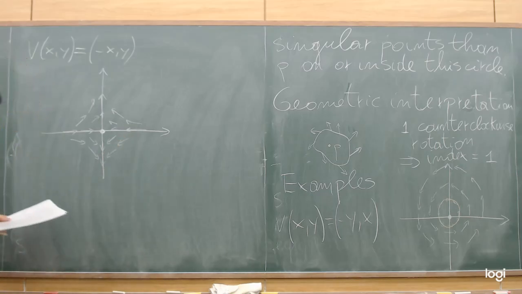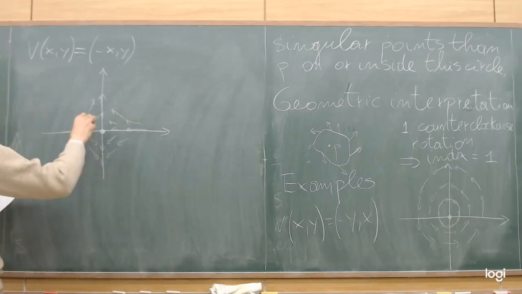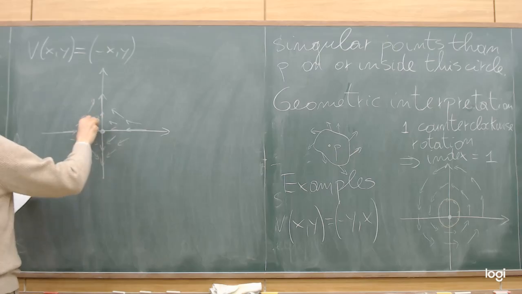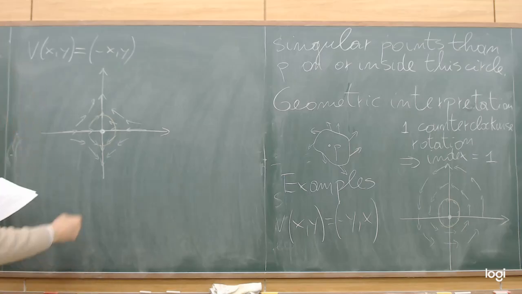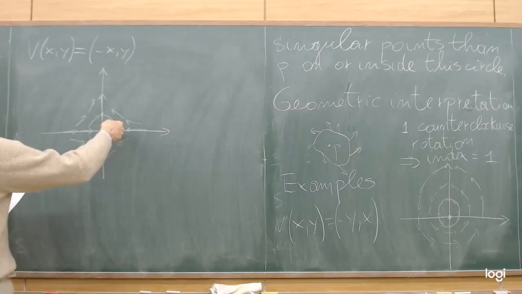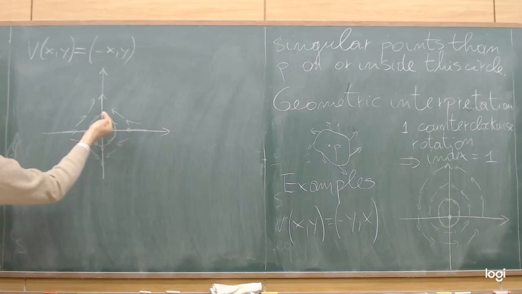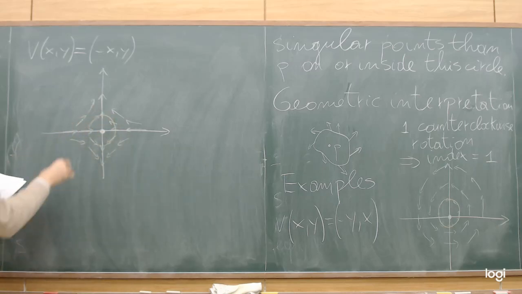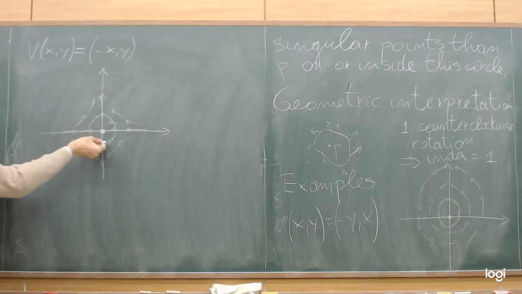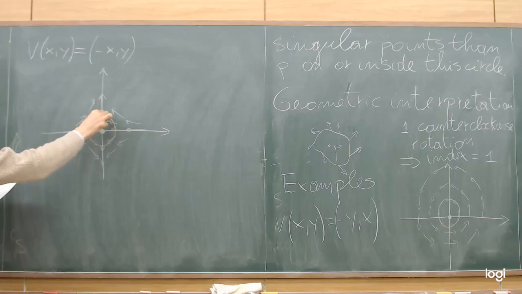And in this case, if you consider a loop around the origin, you will see that your body makes a clockwise rotation if you travel along this loop, because you start from this position, then the chalk moves this way.